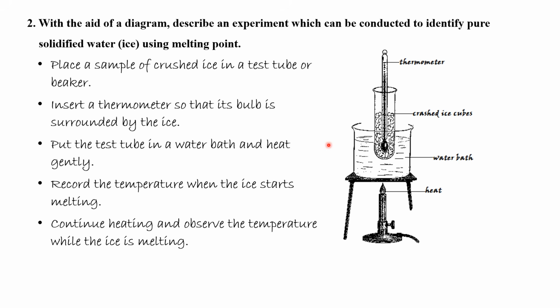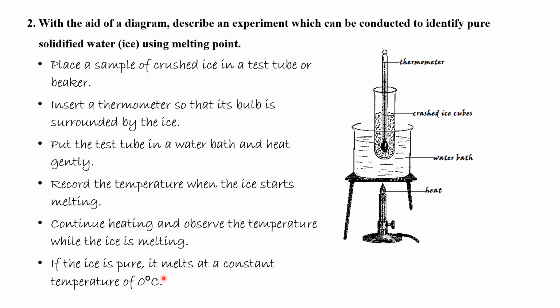If the ice is pure, it melts at a constant temperature, which is 0 degrees Celsius. But if it's not pure, it's going to melt over a wide range of temperatures. So this is how you would tell that the ice is pure. If it melts at a specific melting point, which is 0 degrees Celsius.